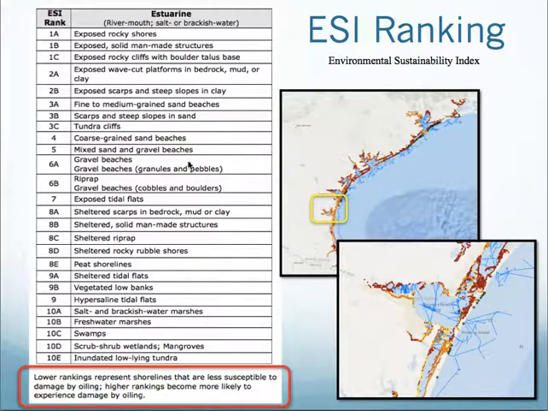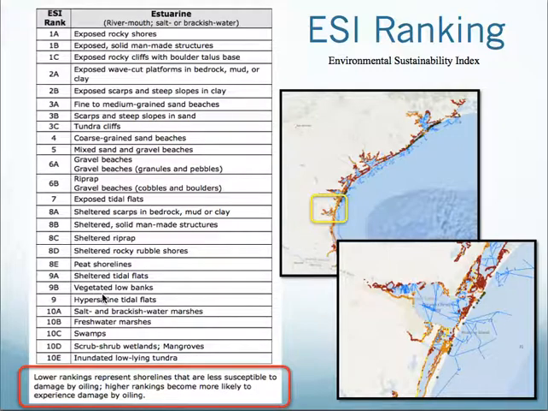In this ranking, you're given not only a numerical but an alphabetical ranking from 1 to 10, with lower numbers being areas that are less susceptible to damage by oiling, like a rocky shore or man-made structures or cliffs or bedrock, ranging all the way up to higher numbers like 8s, 9s, and 10s that are more likely to experience damage by oiling.